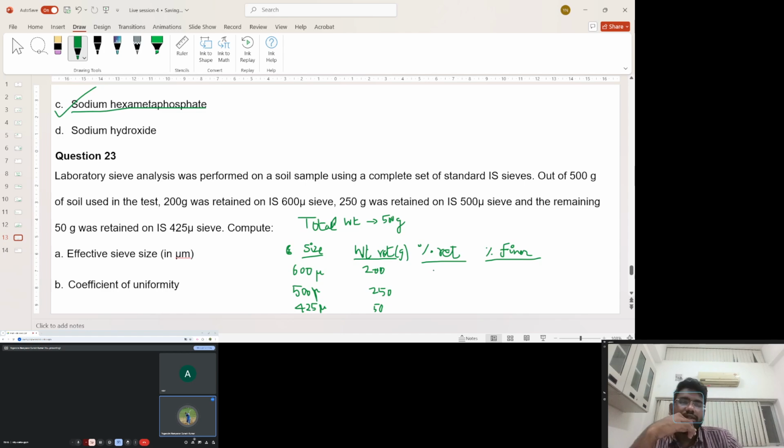The percentage retained here will be 200 by 500, which is 40%, and here 250 by 500, which is 50%, and this is 50 by 500, which is 10%.